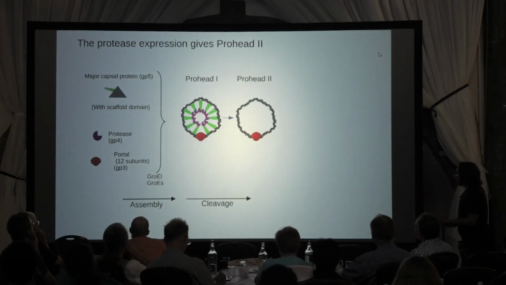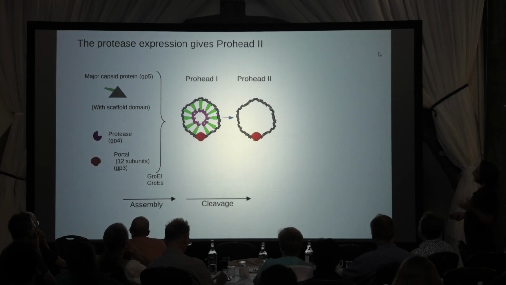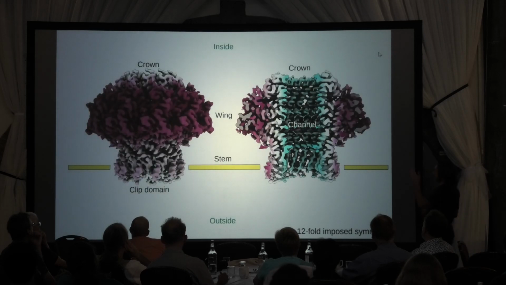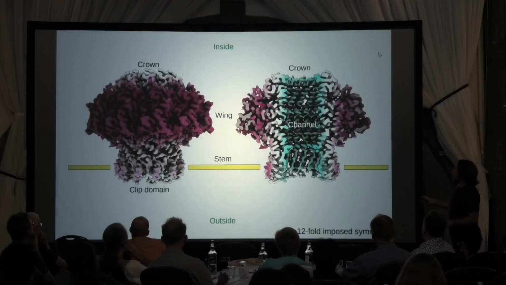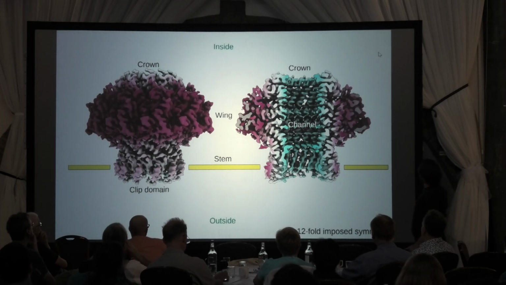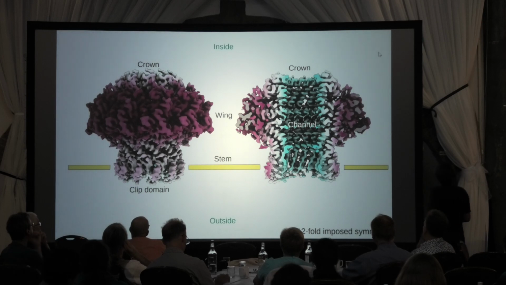Then, using the same system, we can easily add the protease to the system, producing the ProEd 2, and do exactly the same reconstruction here with the 12-fold imposed symmetry, simply opening the portal of the ProEd 2, with all the well-known characteristic features.